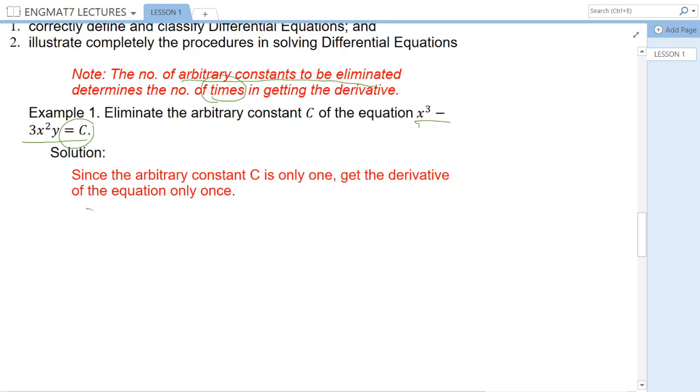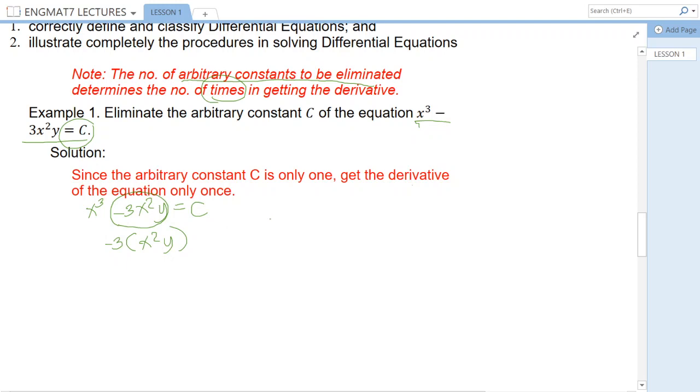So I just rewrite that one: x cubed minus 3x squared y equals c. In getting the derivative, let us simplify this first, since we need the product rule. Let us bring out negative 3, so that is x squared y.